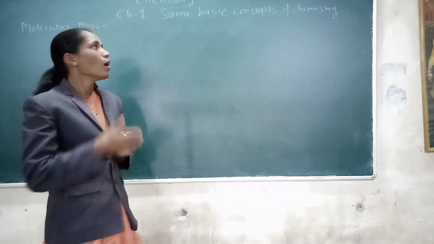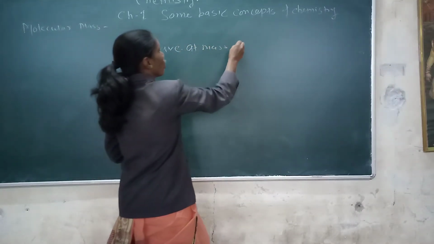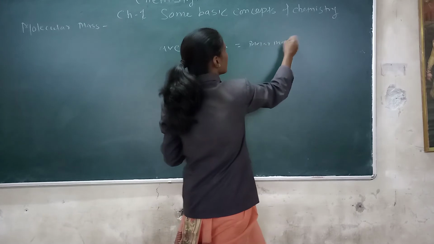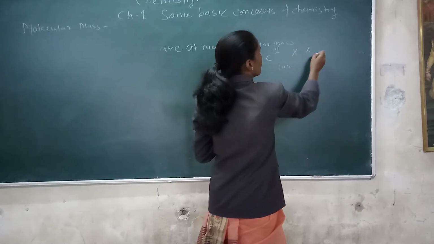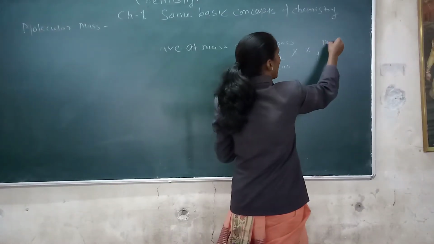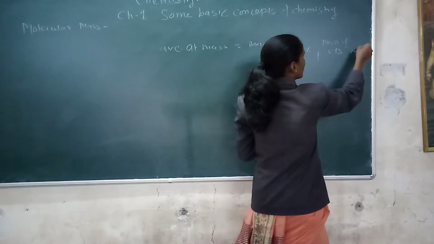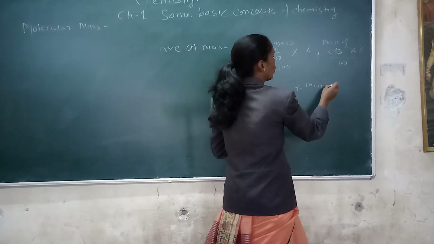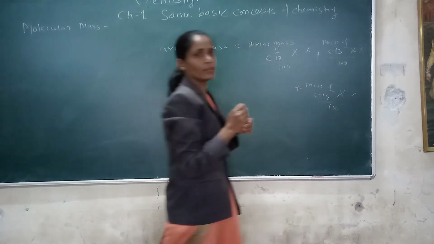Again plus, for example, the average atomic mass of carbon is equal to the mass of carbon 12, which is one isotope, into its percentage upon 100, plus the mass of carbon 13, an isotope of carbon, into its percentage upon 100, plus the mass of carbon 14 into its percentage upon 100.